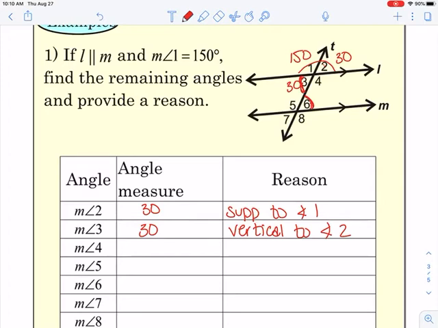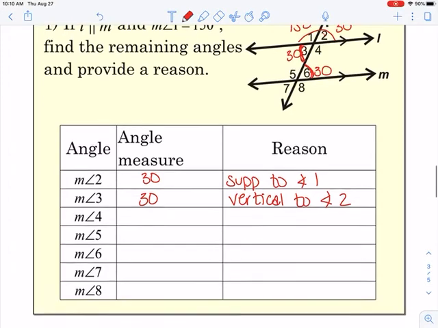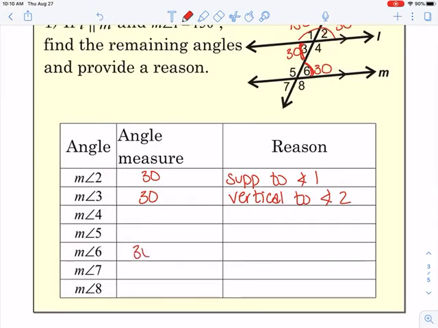So angle 3 and angle 6 are alternate interior angles, and alternate interior angles are congruent. So angle 6 is going to be 30 degrees. Okay, so 30 degrees, and that is because alternate interior angles are congruent, and that was with angle 3, just so you know which angle it was that I used.